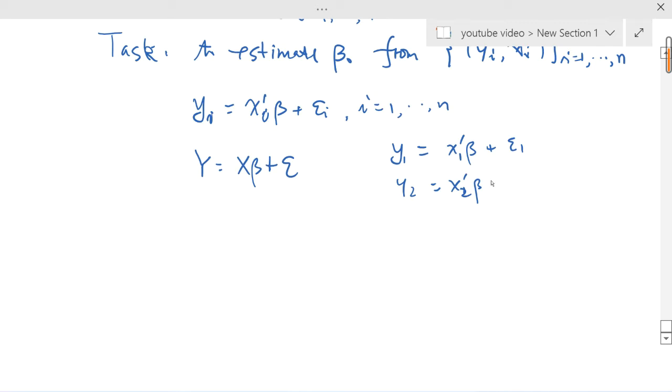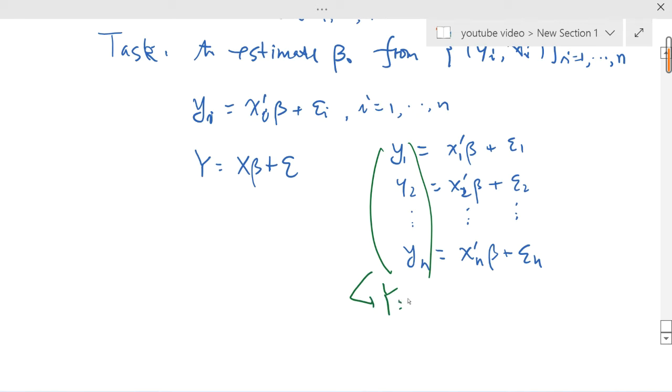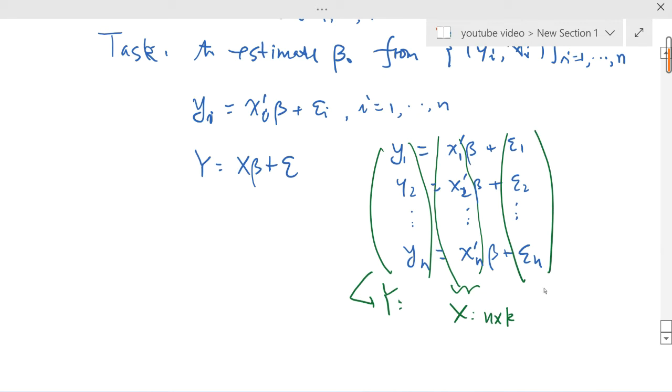First observation, second observation, so on and so forth until n. So this is called y, which is an n by 1 vector. This is called x, which is an n by k matrix. This is called epsilon, which is an n by 1 vector.